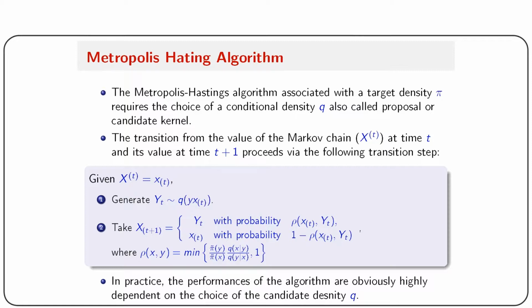Given xt equals small xt, generate yt from q(y|xt), and then xt plus 1 equals yt with probability rho(xt, yt), and small xt with probability 1 minus rho(xt, yt), where rho(x, y) is equal to the minimum of this expression. In practice, the performance of the algorithm is obviously highly dependent on the choice of the candidate density.